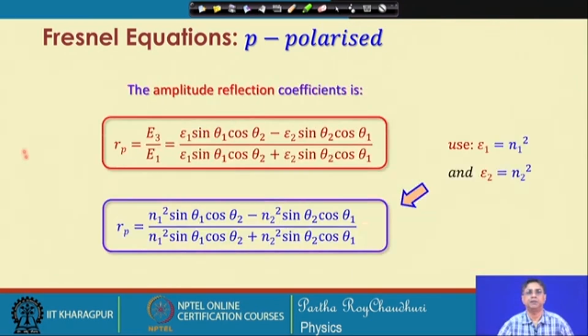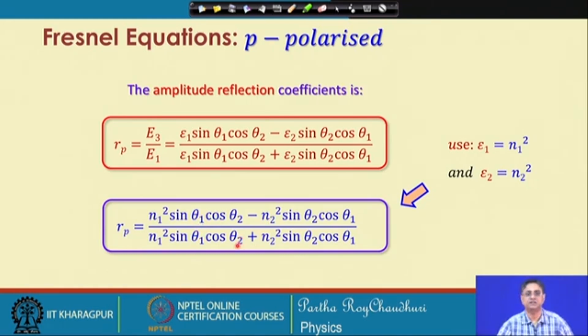Okay. So, this amplitude reflection coefficient, now we have seen this equation, and we have also seen that we have used epsilon 1 equal to N 1 square, epsilon 2 equal to N 2 square, and we have got this form, in which the amplitude reflection coefficient is in terms of the concerned refractive indices and the angles of incidence and angles of refraction.